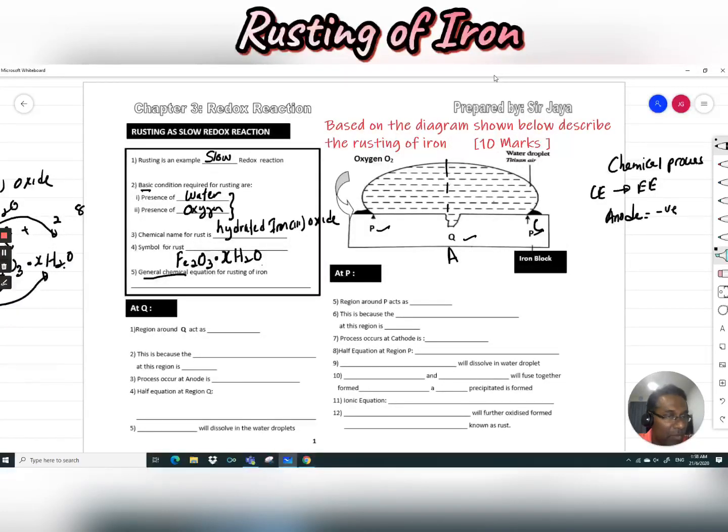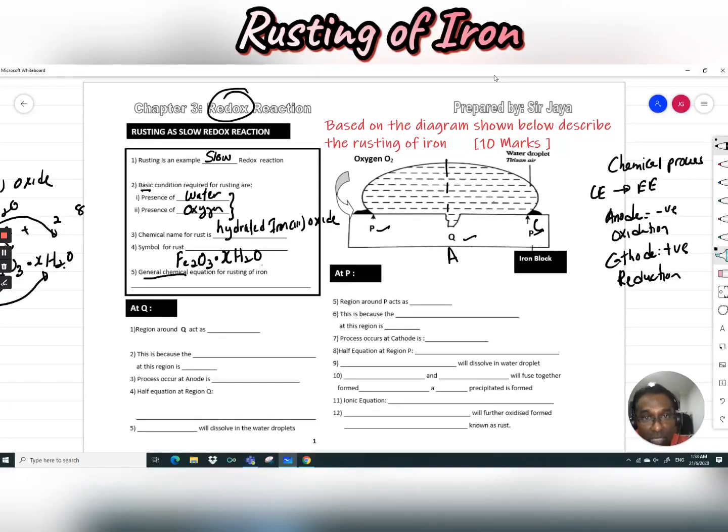The process that occurs at the anode is known as oxidation, while the cathode acts as the positive terminal. The reaction that occurs at the cathode is reduction. When oxidation and reduction occur simultaneously, the reaction is known as a redox reaction.